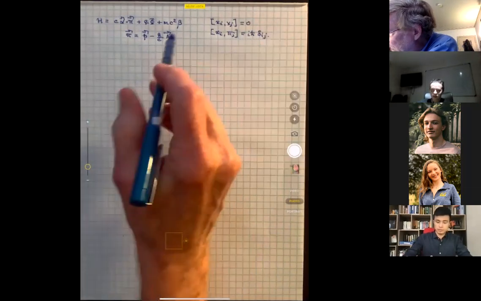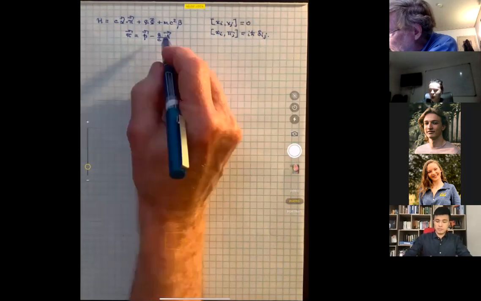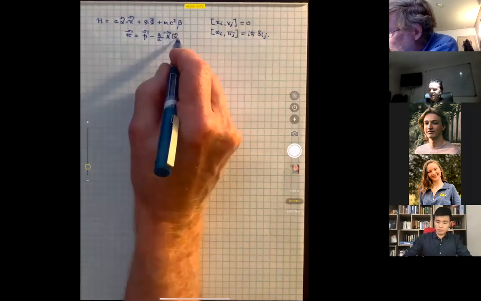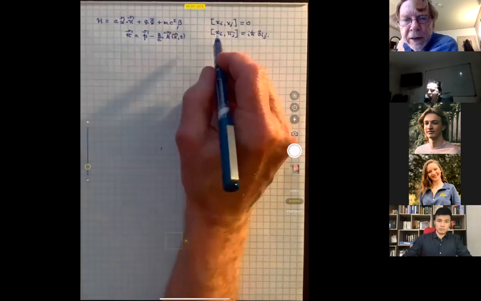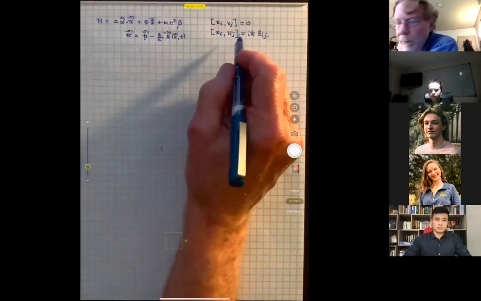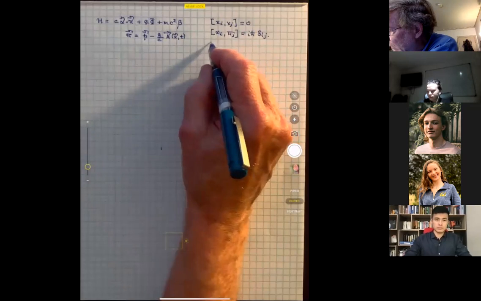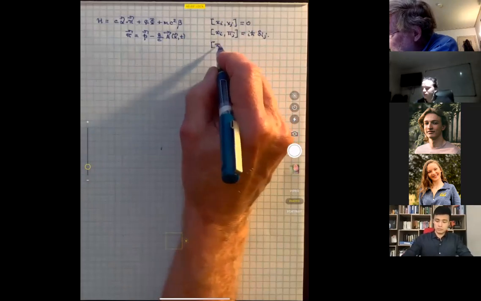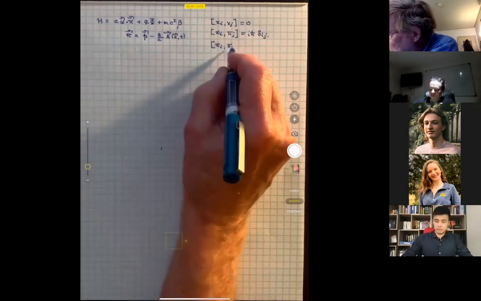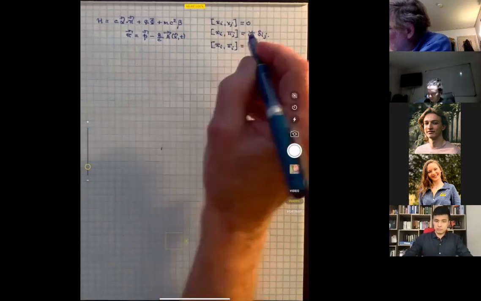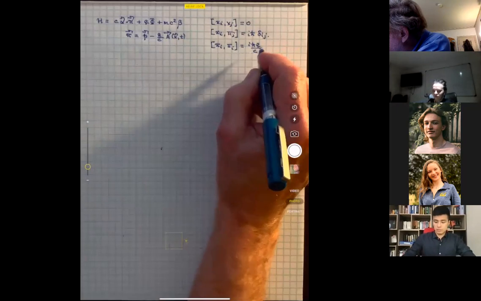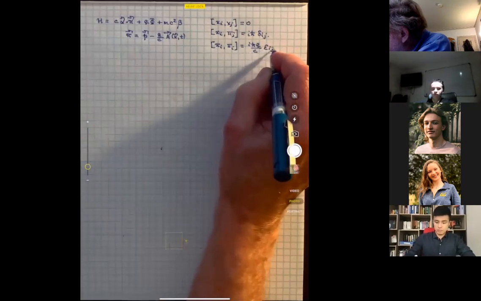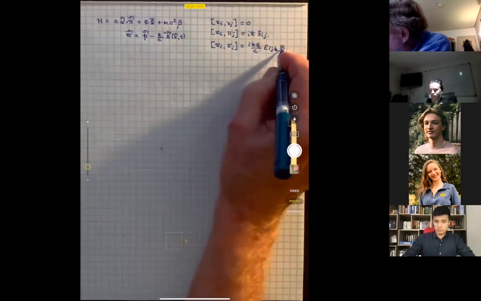And that's because the x commutes with A. The A is a function of x and t, so x commutes with any function of itself, and the correction term doesn't make any difference in the commutator. This is essentially a commutator with momentum. p or π doesn't matter. And then the commutator of two components of π, the kinetic momentum, is equal to iħ times q over c times εᵢⱼₖ times the magnetic field Bₖ.